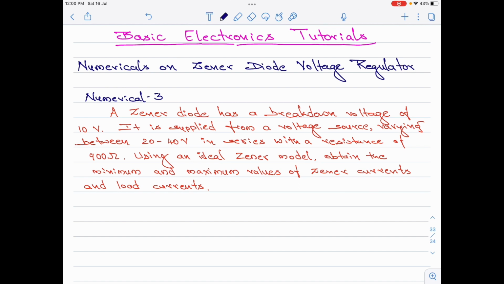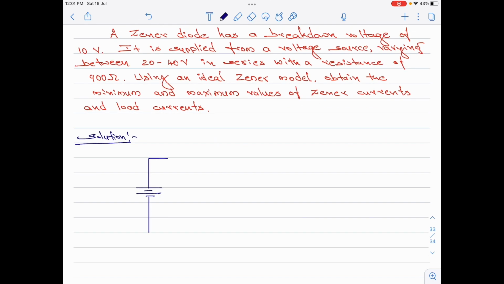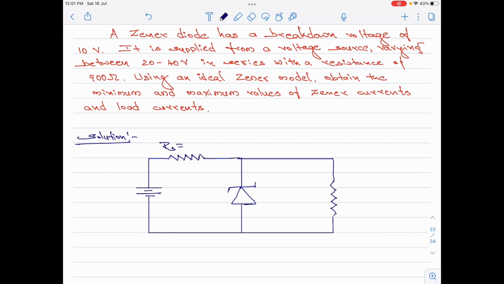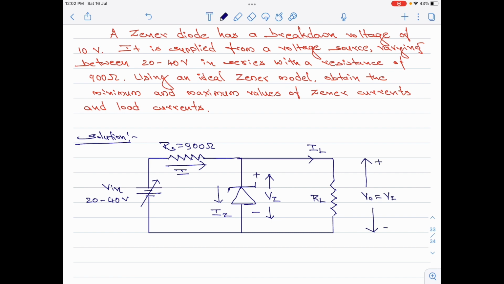Let me start the solution by writing down the circuit for the given configuration. As you can see here, you have an input voltage source that varies between 20 volt to 40 volt. The value of the series resistance is 900 ohms.